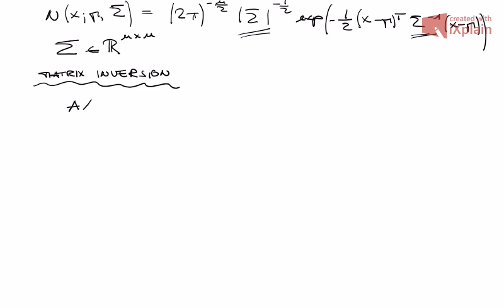So assume we have something like this, an equation of this type, where A is an n times n dimensional matrix, and X is an n times p dimensional matrix.